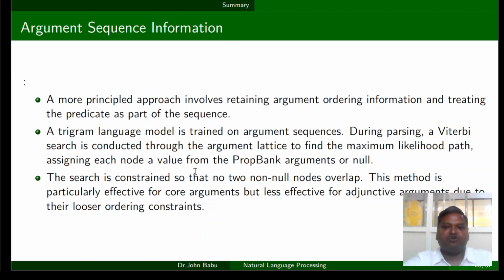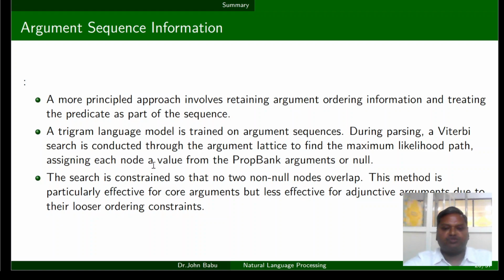And you know the Viterbi algorithm from earlier, there we can select the most probable sequence, and we will be calculating the maximum likelihood path, and we will assign each node a value from the PropBank arguments. So this search is made with a constraint that no two non-null nodes overlap.